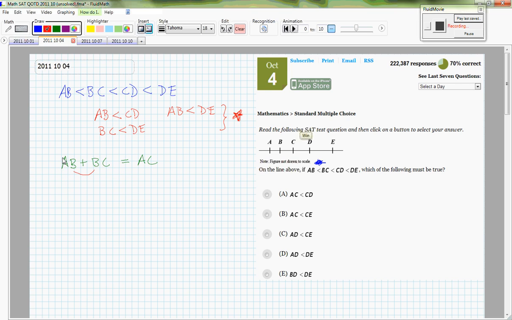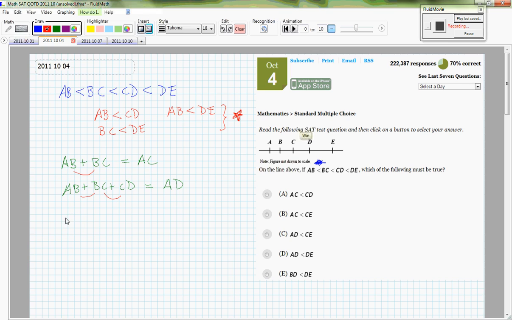So you're really talking about something between A and C. Likewise, if you go AB plus BC plus CD, you're really talking about AD because B and B cancel out, C and C cancel out. You're talking about the segment from A to D. That's going to help us with some of these possibilities. The only thing I'm really going to say now is we need to work through it.